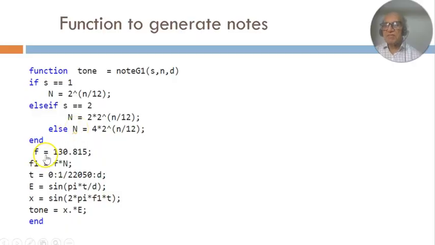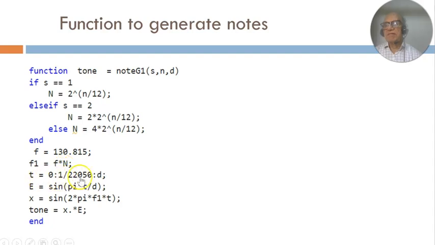Then define the reference frequency, which in this case we have defined as 130.815, because this corresponds to the middle C on the piano in the Madhya Saptak. This is exactly half of that, because the reference frequency is in the Mandra Saptak. Then you generate f1 because n is already generated, so multiply the reference frequency by n.